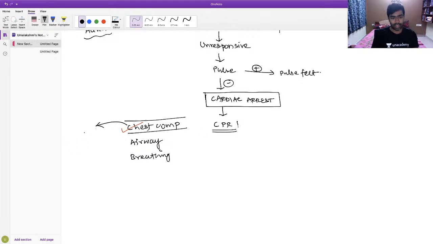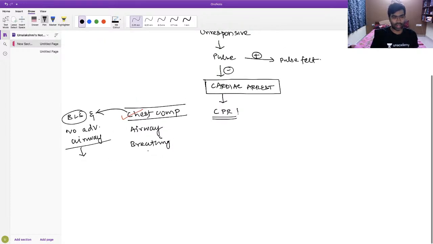Nevertheless, when the patient is not in ACLS, suppose the patient is in BLS and not having any advanced airway, in the sense no endotracheal tube or laryngeal mask airway, in this setting there is a particular ratio that we need to give, and that ratio has not changed at all. If it's an adult individual, irrespective of the number of rescuers, it's always 30:2. We know that there is no change in that.